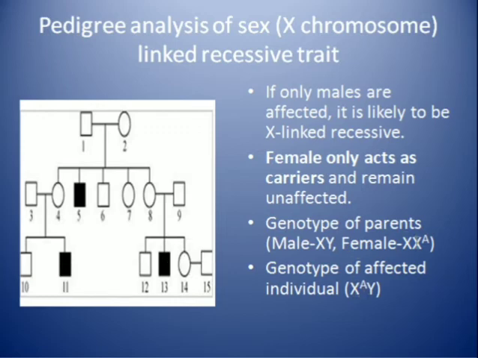Now this defective gene, which is not expressed in the female because it is recessive and masked by the dominant X, is expressed here because it is present and there is no X chromosome to mask it. Because Y does not have any allele for that, whatever is present in the X will be the only one to express. So in this case, as you can see, males have the disease and the females do not have the disease, but the females are the carriers.